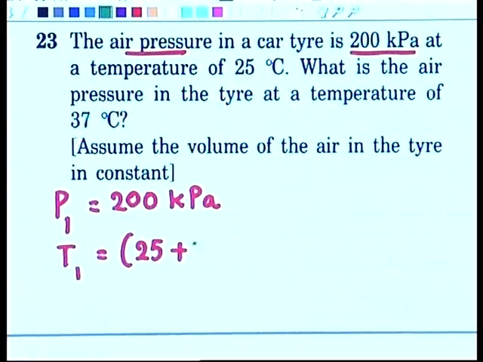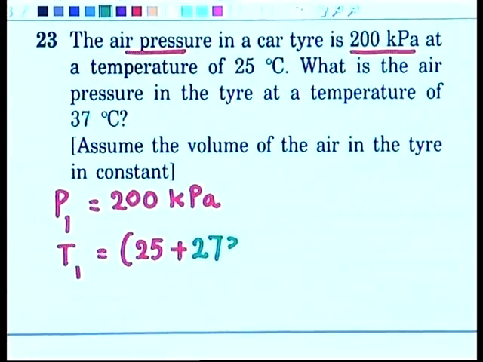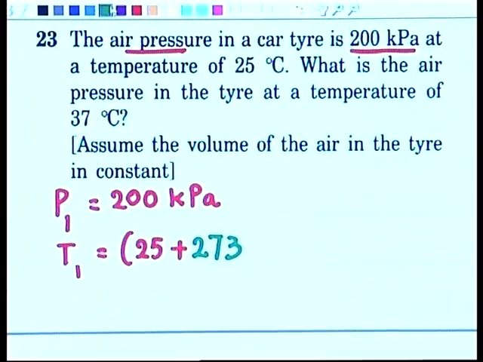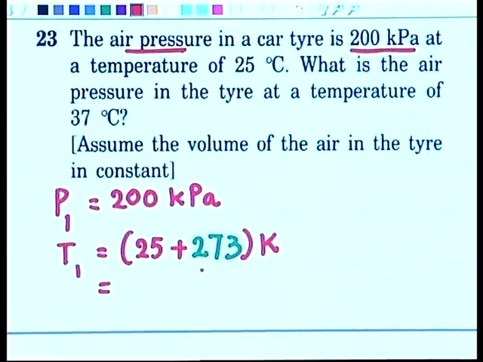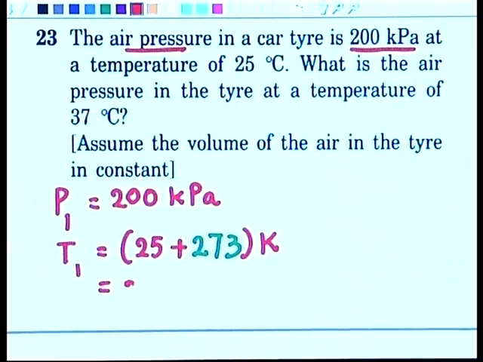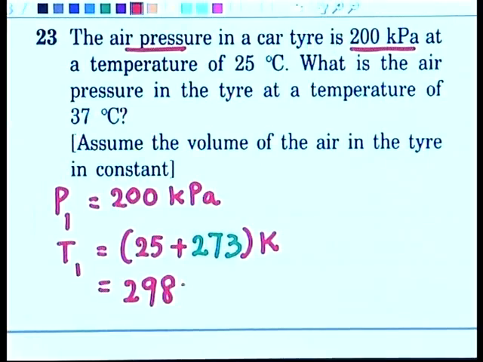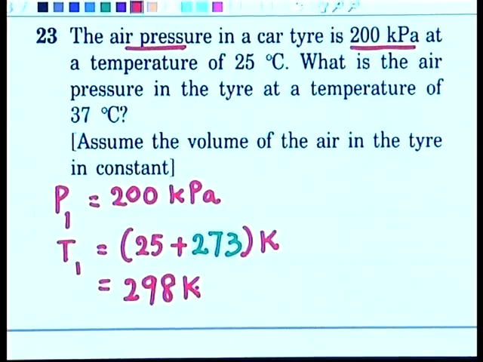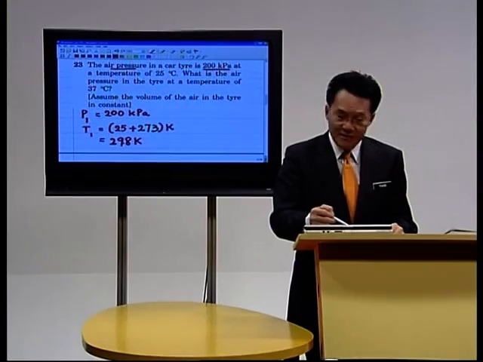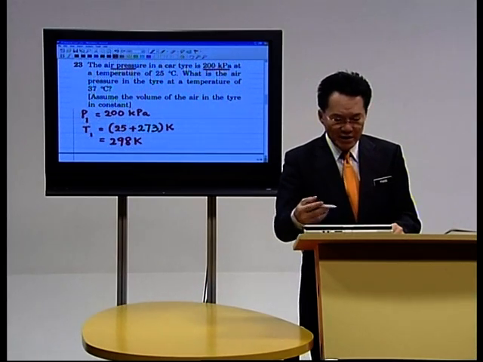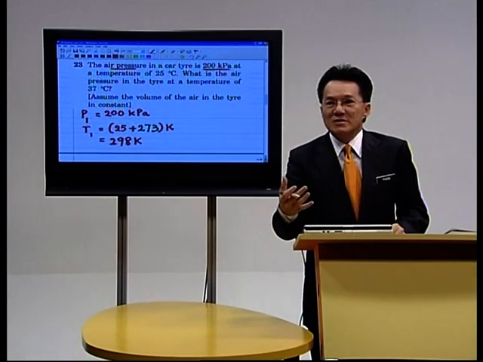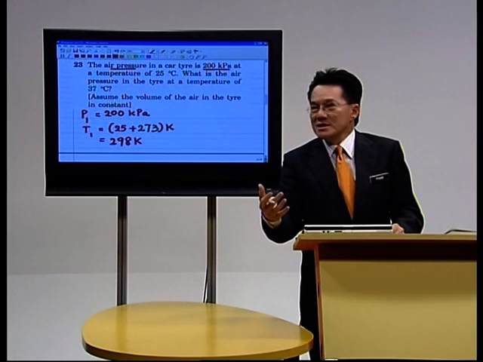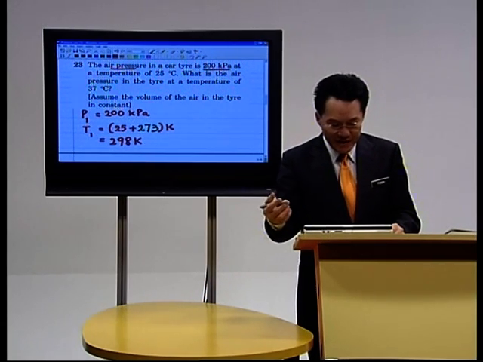I want to use a different color so that you can see straight away the emphasis. So with this, you will write down all together. What do we have? We have 298 Kelvin. That is first pressure P1 and the first absolute temperature 298 Kelvin. Get into the habit of even speaking it out. Absolute temperature. Speak it out to yourself and to your friends.